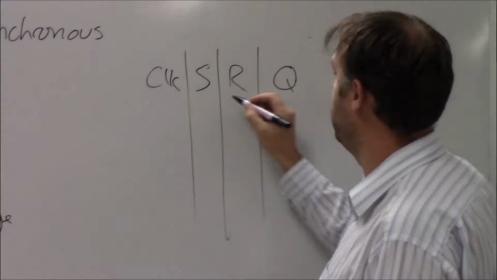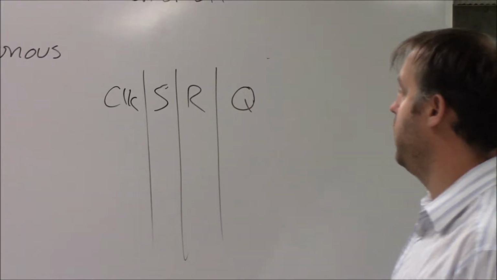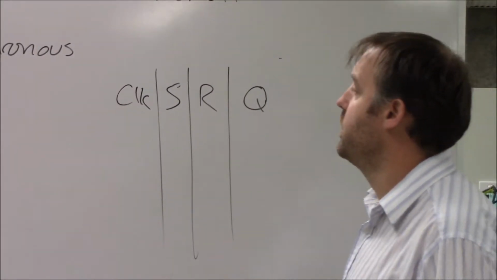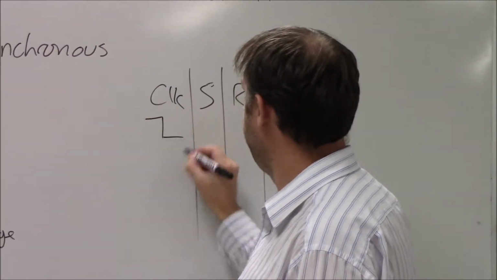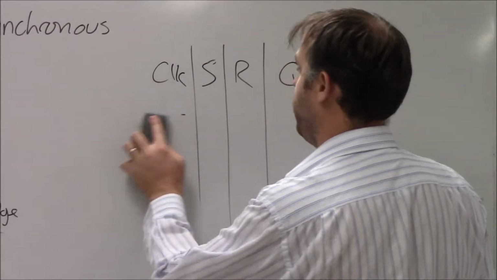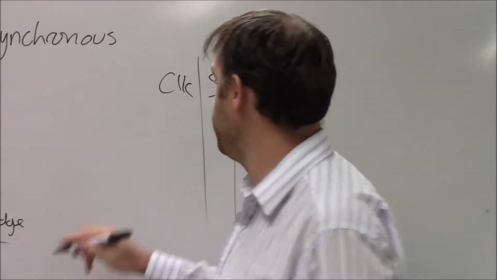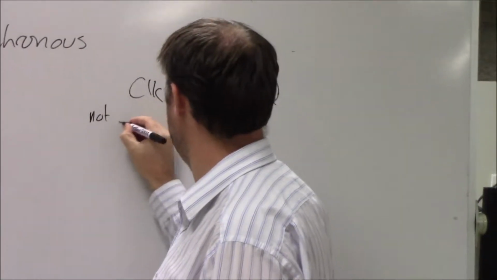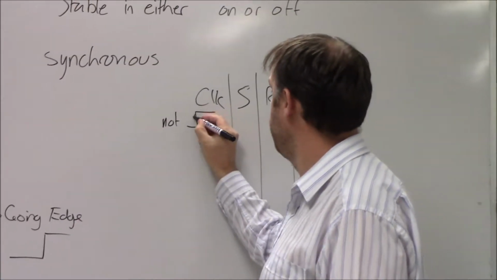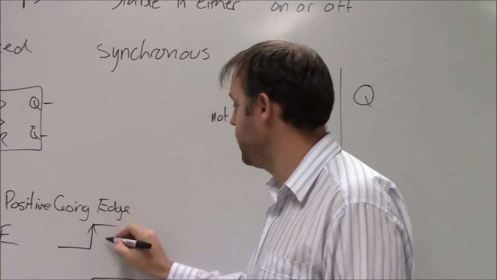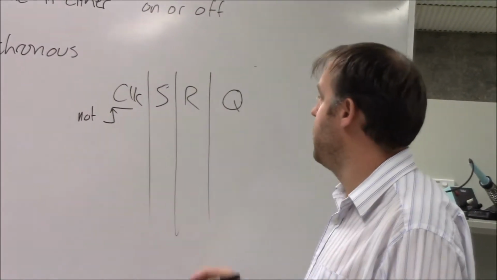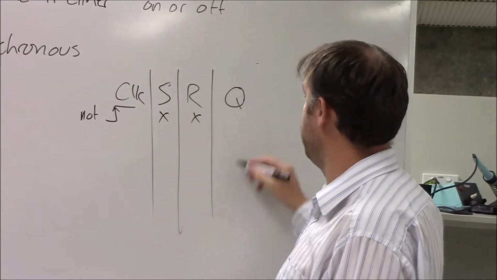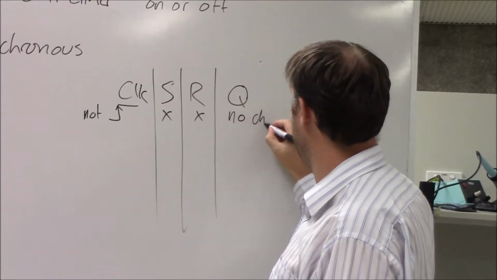So I've got my clock, set, reset, and Q. If it's anything not a rising edge, I'm going to draw the arrow on my rising edges to indicate that that's what it's looking at. So if it's not a rising edge, we don't care what set and reset are doing, we've got no change.